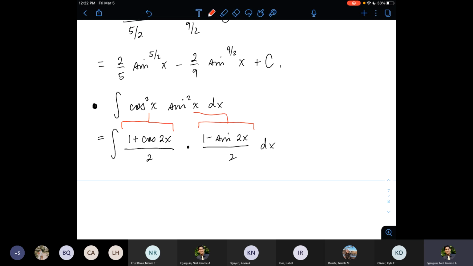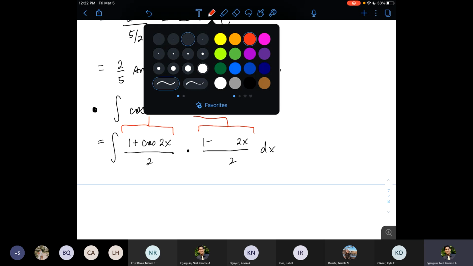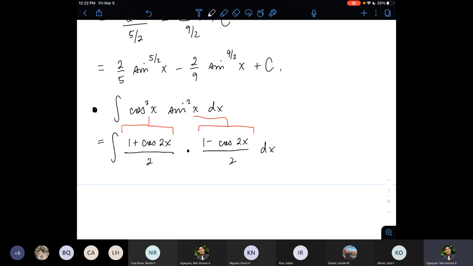But that comes at a cost. Sorry, it's already Friday. That's not sine, but it is still cosine. Yeah, so we were able to reduce the power down to 1 from a 2, right? But at the cost of increasing the argument. But the argument doesn't matter as long as we have the same arguments for both of them.